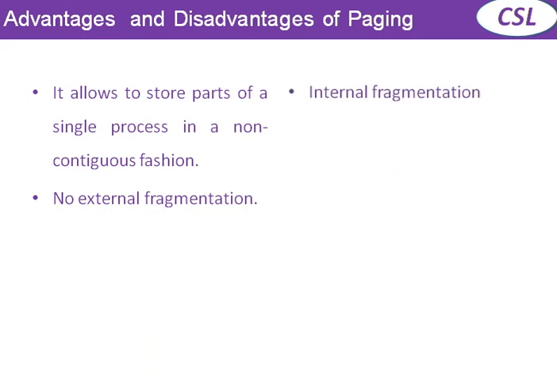Even though there are advantages, the negative side is internal fragmentation. How will internal fragmentation come? Suppose, for example, a process request comes with a size of 11 MB. What is the concept of paging? The process is divided into equal partitions. Equal partitions means we are going to divide the process into 6 parts.